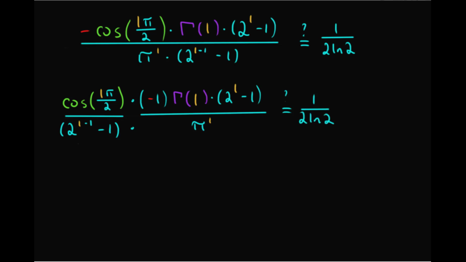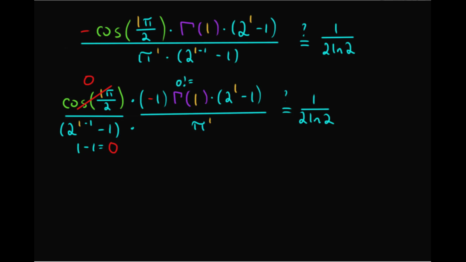The thing to notice here is that concealed within this quotient is a 0 over 0 expression. In the denominator, our first term there, 2 to the first minus 1, that's just 2 to the 0 minus 1, which is 1 minus 1, so that equals 0. And in the numerator, I have cosine 1 pi over 2. Cosine pi over 2 also equals 0. As for all the other terms, they're just constants.